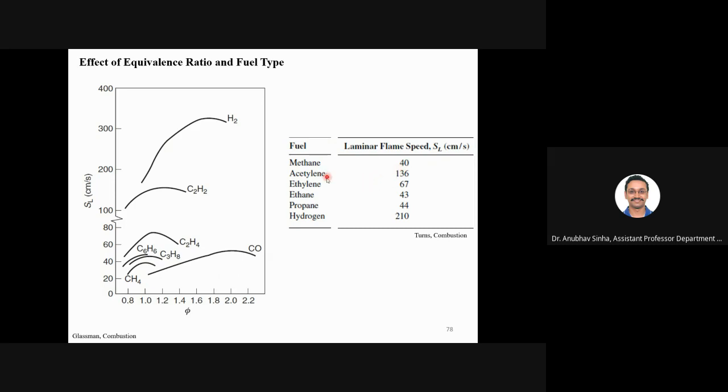Similarly, different hydrocarbons and fuels have different speeds. Particularly, you must note that hydrogen has a very large flame speed compared to other hydrocarbons. This is a unique feature of hydrogen, which actually makes it quite dangerous.